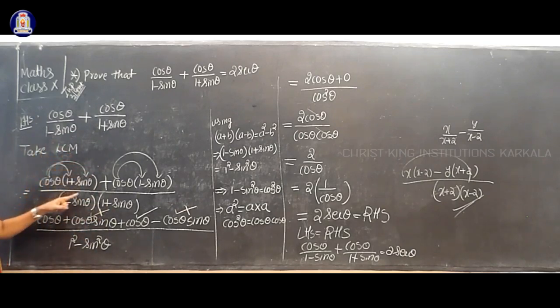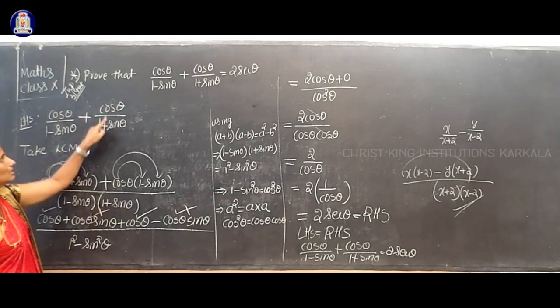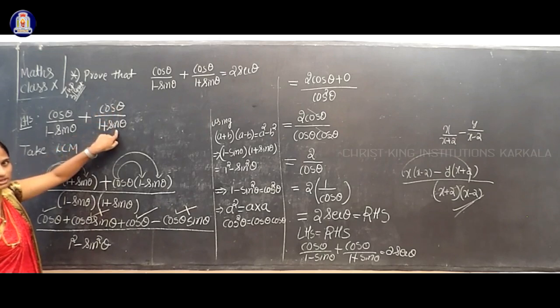So now next, I used LCM, right? One more method: this is like numerator and denominator, so use rationalization for this one. What is the rationalization for this? Multiply and divide by what? 1 plus sin theta divided by 1 plus sin theta. Simplify it. Now this part also you rationalize, because it is numerator by denominator. Normally if you have numerator by denominator, which method are we applying?